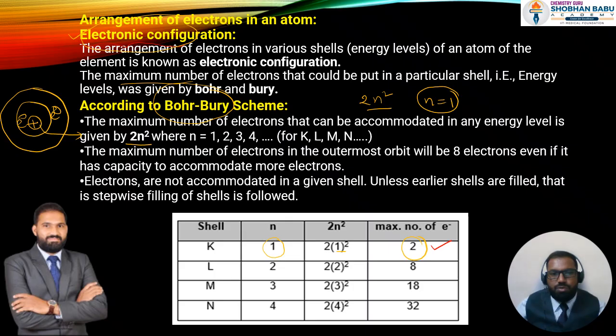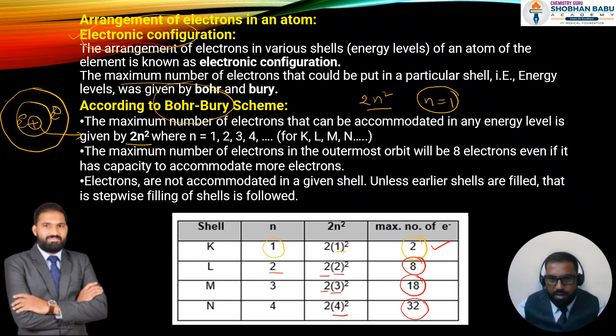If you want to know the second shell capacity, you substitute n is equal to 2, then you are going to get 8. If you want to know the third shell capacity, then you substitute n is equal to 3. Then the maximum number of electrons will be 18. In a similar manner, the fourth shell capacity is 32.